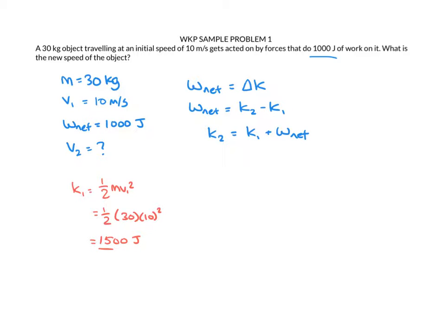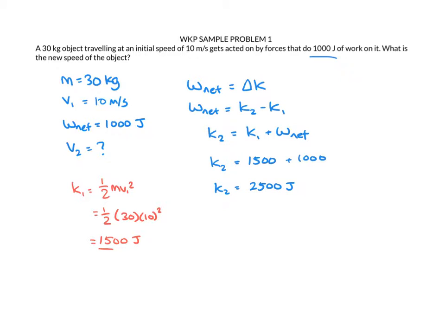So that's the starting kinetic energy. And I know my net work as well. It's in my list. It's 1,000 joules. So K2 equals 1,500 joules plus 1,000 joules. K2 equals 2,500 joules. So that's going to be the final kinetic energy.